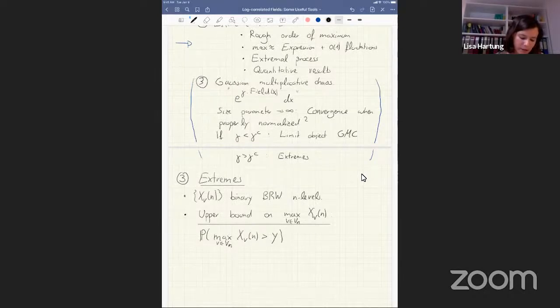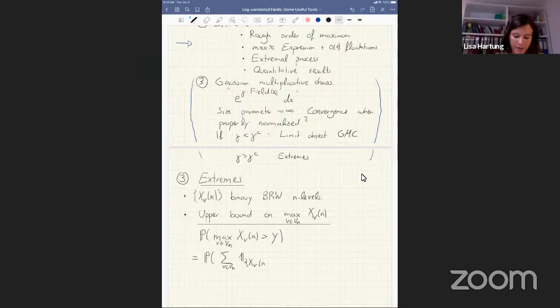In general, a good trick here is that I can rewrite this event that the maximum is larger than y as a sum over all leaves v in V_n. Now I can ask every single one of my leaves, are you larger than y?